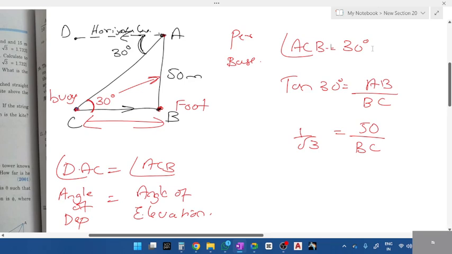We can even find the angle of depression, but if you have the angle of elevation at C, it is easy to use the ratios. So whenever the angle of depression is given, try to find the angle of elevation. Both will be the same. Cross multiply, find the value of BC.